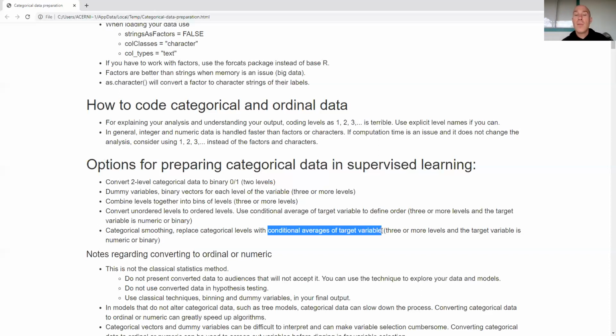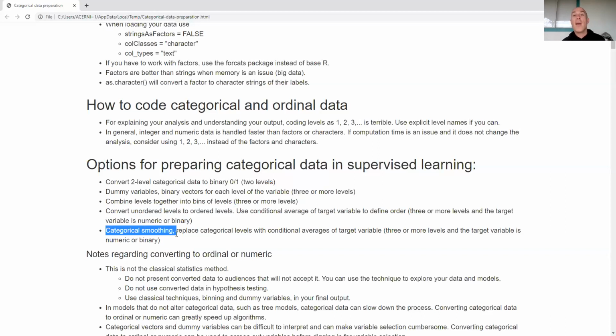And then that's my new vector. And remember, numeric data is almost always processed faster than other types of data. And this will work just as well in terms of fitting as converting to unordered or converting to ordered levels. So this one I personally don't use. Categorical smoothing, this is one I like a lot.